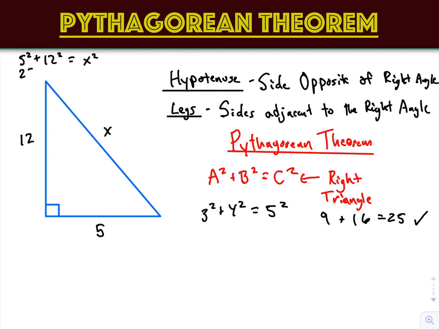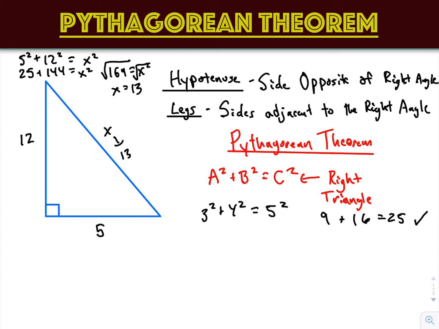So 5 squared is 25, 12 squared is 144, and it equals x squared. 144 plus 25 equals 169, which is equal to x squared. So something times itself equals 169. In order to find that, we take the square root of 169, and we find that x equals 13.